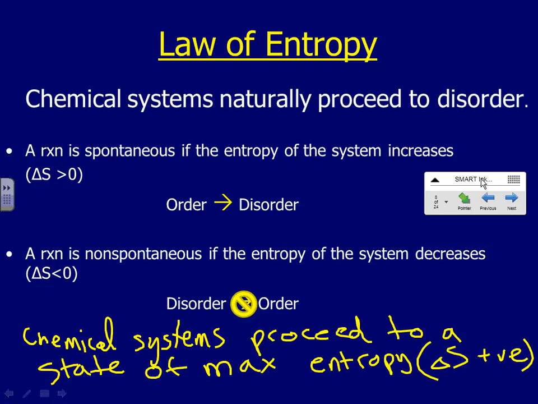And as you can imagine, there's going to be three types of situations we can have. We can have the enthalpy go down and the entropy go up, spontaneous. We can have the opposite, the entropy go down and the enthalpy go up, non-spontaneous. The universe doesn't like that. But then we've got two intermediate situations. The enthalpy goes up, universe doesn't like that, and the entropy goes up.